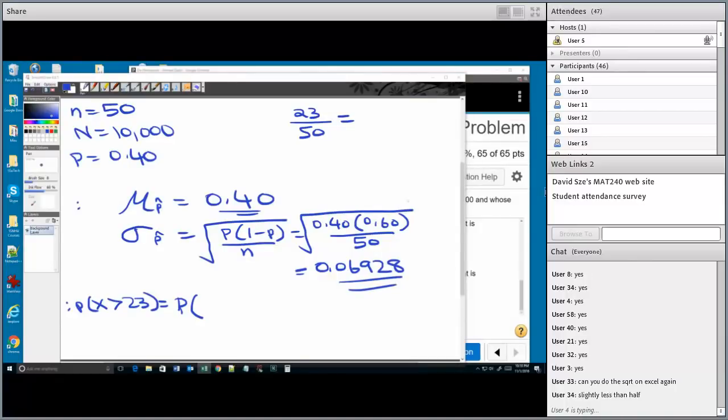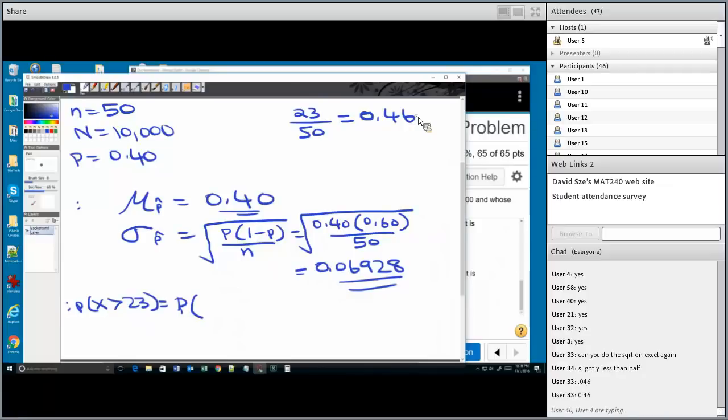And let's see if we match. I'm getting 46% or 0.46. So do you all agree with that? 23 divided by 50. Okay, so basically we were looking for proportion being 0.46.